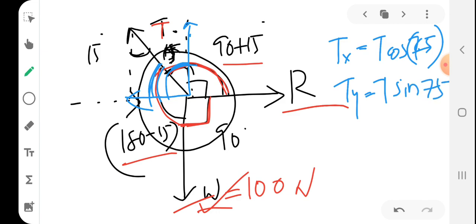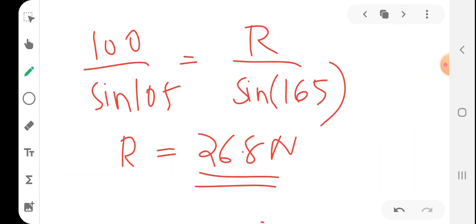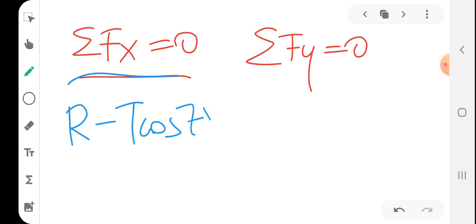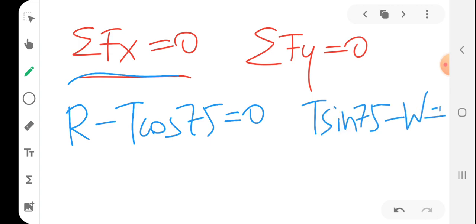This T cos 75 will be in negative direction because it is opposite to R. So the equation is R minus T cos 75 is equal to 0. Similarly, sigma Fy: T sin 75 minus W is equal to 0. These are the two equations.